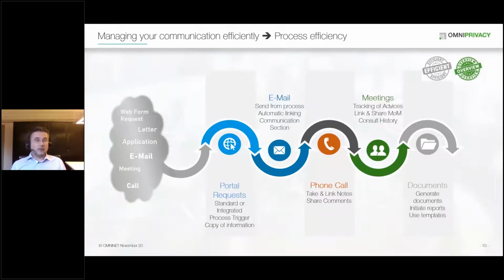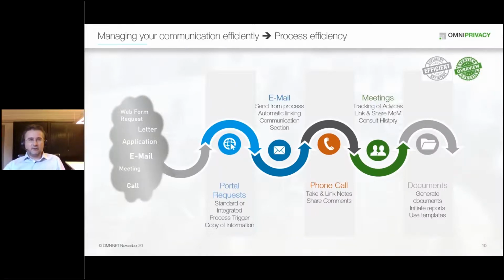And then last, there are quite some documents that are generated, that are exchanged, and here as well there is like a little document management system, but also here by easy initiating of reports. The reports have been generated, or easy use of templates.